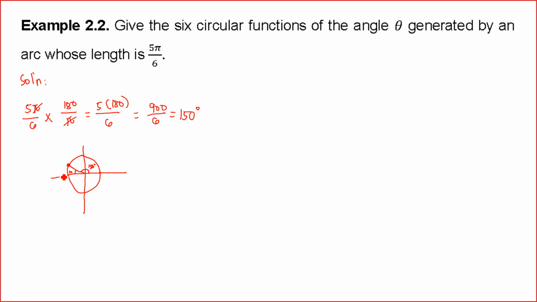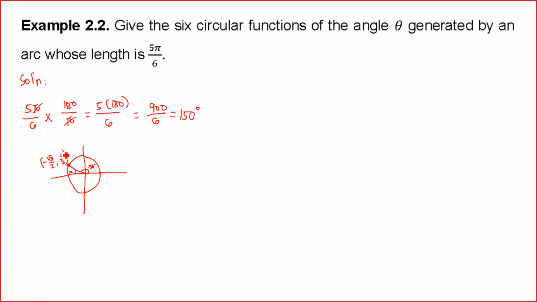So the x here is negative, the y is positive. Because we have 30 degrees, from the previous discussions that we had, we have negative square root of 3 over 2, and then we have 1/2.